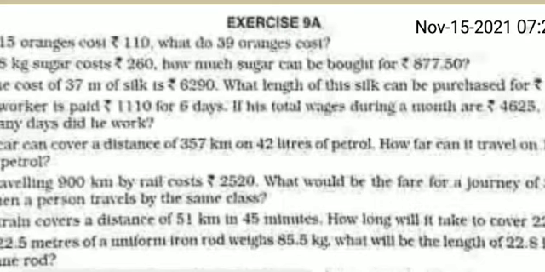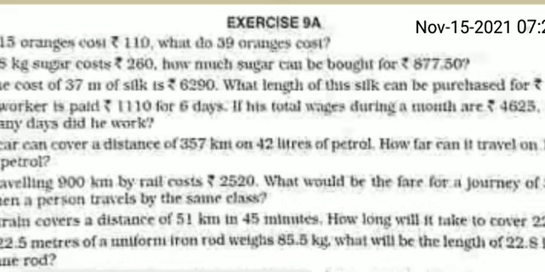With rupees 6,290, we can get 37 meters of silk. So with the cost of 1 rupee, we can get 37 by 6290 meters of silk. Therefore, with the cost of 4,420 rupees, we can get 37 by 6,290 into 4,420.